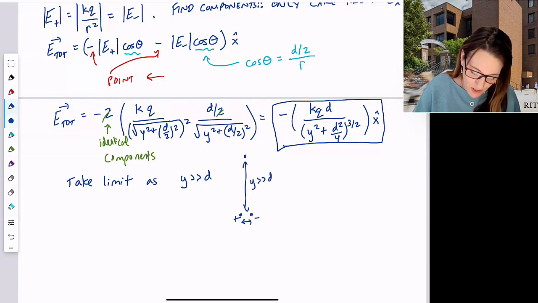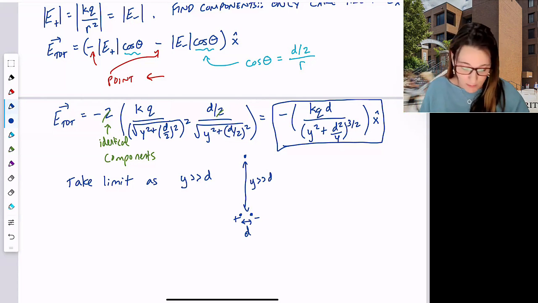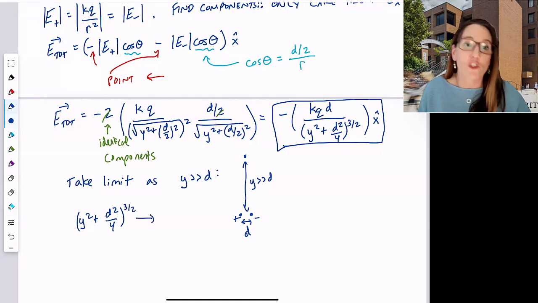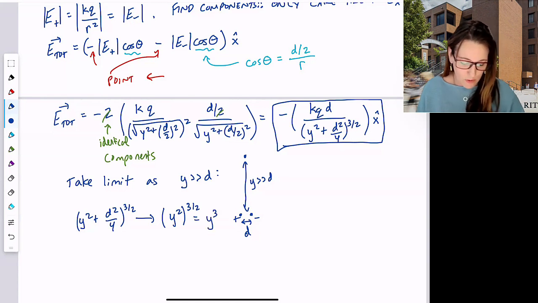Y is much, much greater than d. So we're far away from it, but it hasn't yet dropped to 0. Then what we see is that this term, y squared plus d squared over 4 to the 3/2, actually the d squared term basically goes to 0, and we have over here a y squared to the 3/2, which is actually just equal to y cubed.